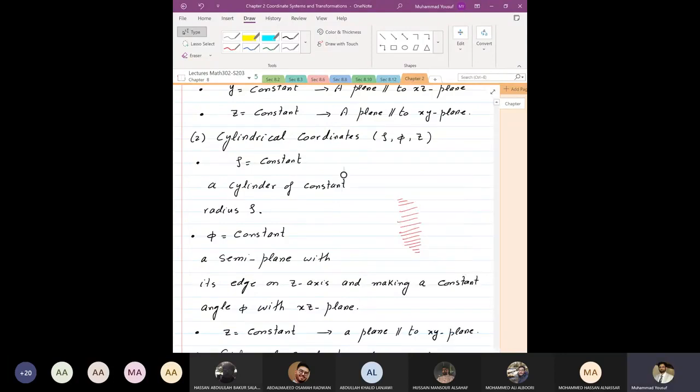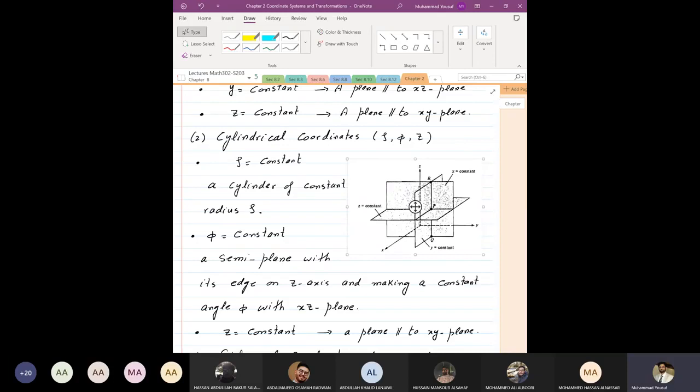For cylindrical coordinate surfaces, we can have this figure where you can see clearly.